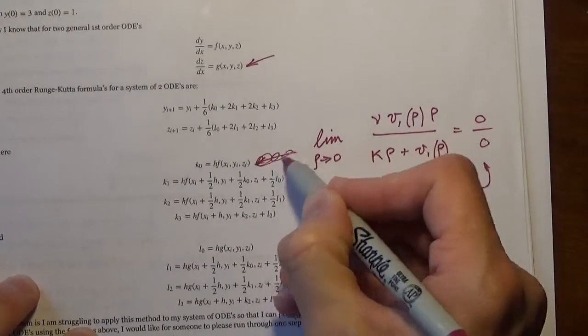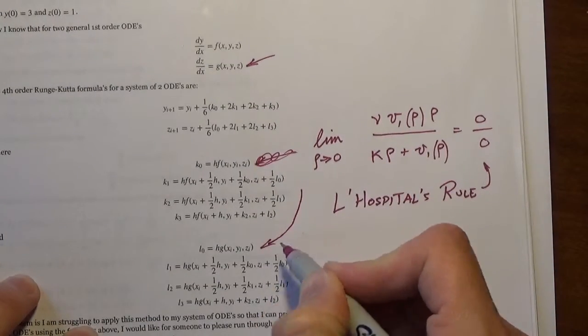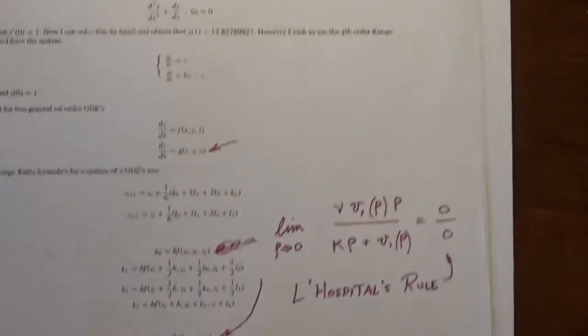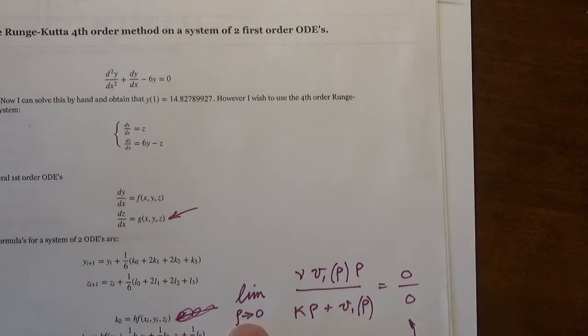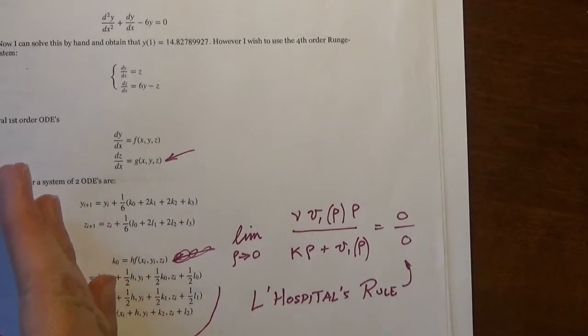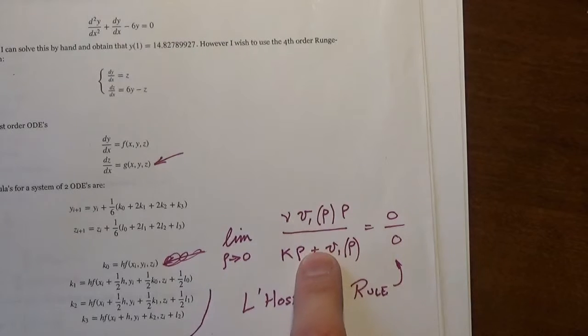We have an expression that is going to require us to know what's happening in the limit as rho goes to 0, because we're on the initial side of the problem, for the right-hand side of our problem.